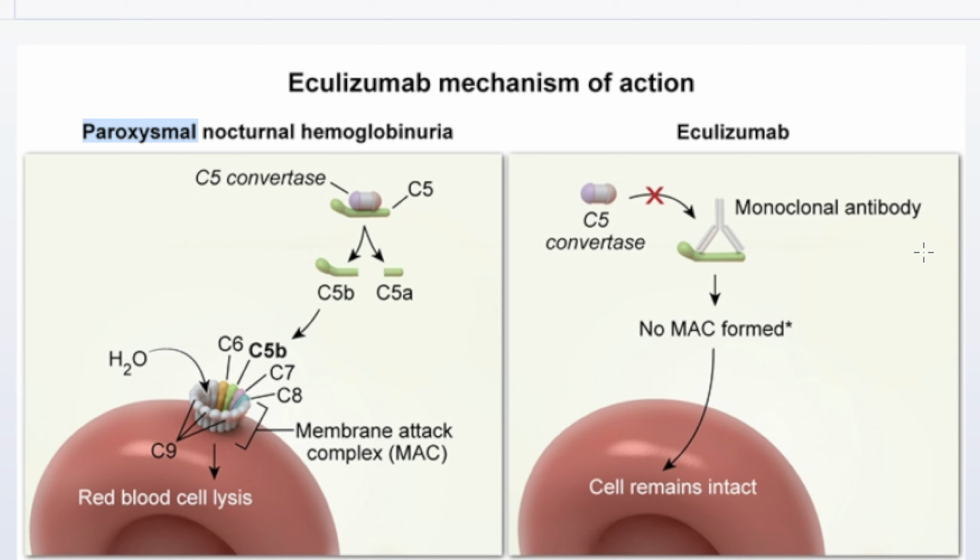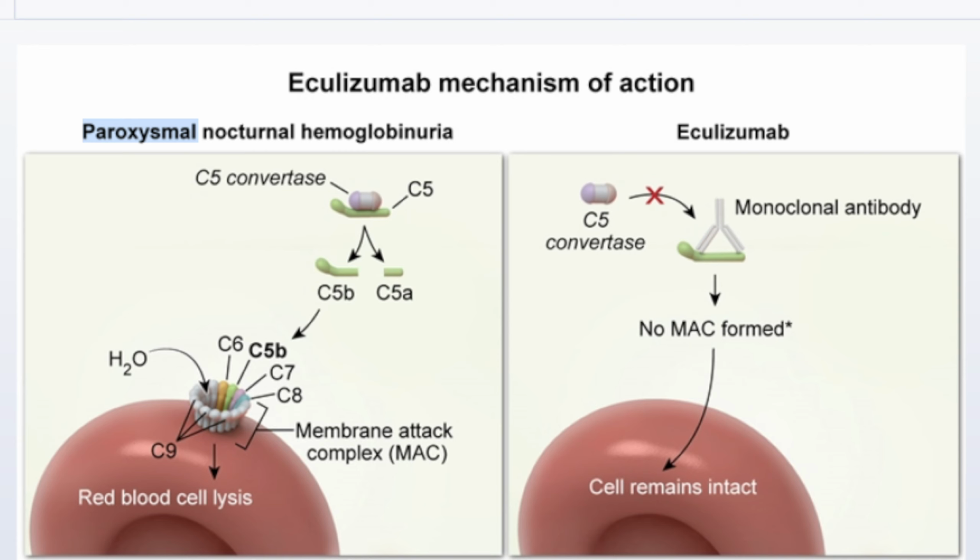It acts on the terminal complement, C5 through C9. Even with CD55 and CD59, the 59 tells you that this acts on the complement from 5 to 9.